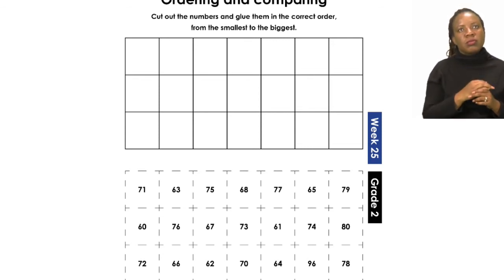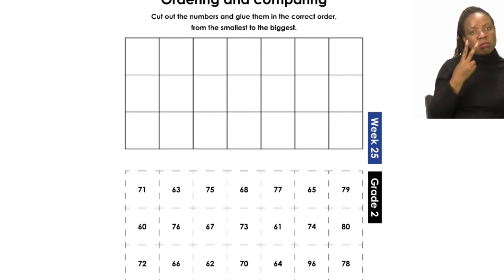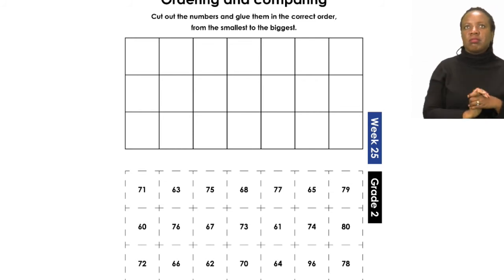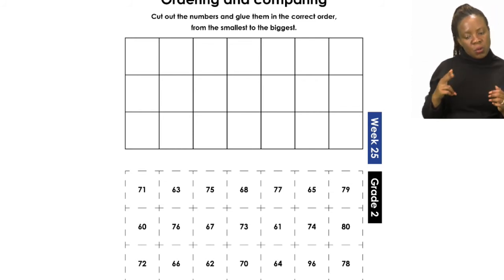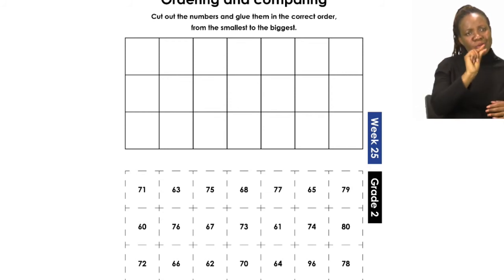Now, if we count from number 60 and we count upwards to the biggest, we will count 61, 62, 63, 64, 65, and so on. So I want you to go ahead and cut out all the numbers and paste it in the order from the smallest to the biggest number.